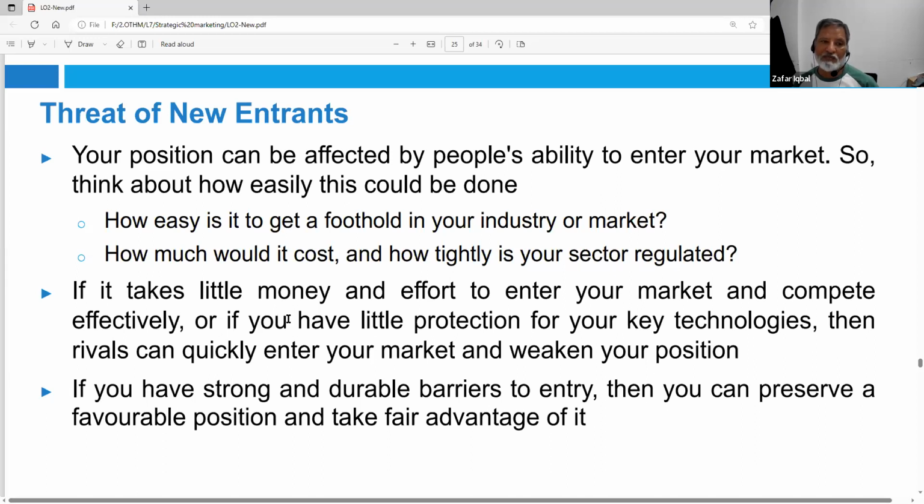Okay, so the threat, or the money investment, and a lot of technology is needed in order to get into oil production and exploration and so forth. So that will determine your position, and to what extent that is advantageous or disadvantageous to an organization. It depends on its entry and the threat of new entry.